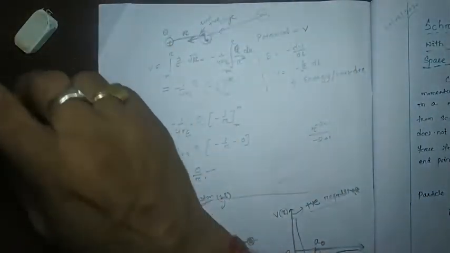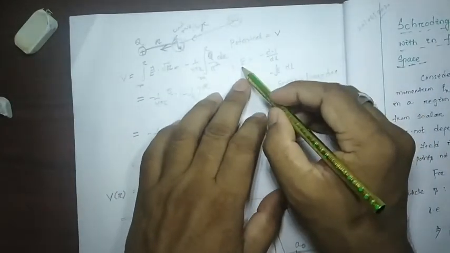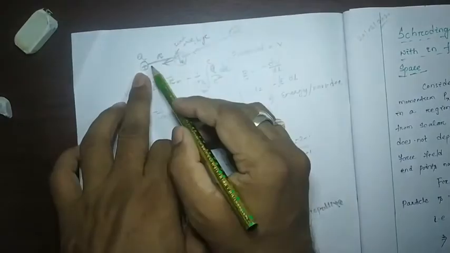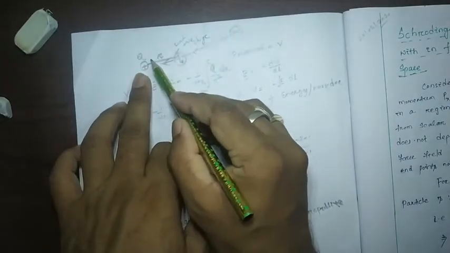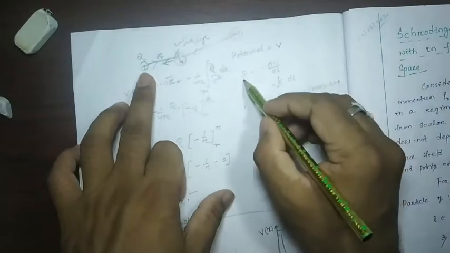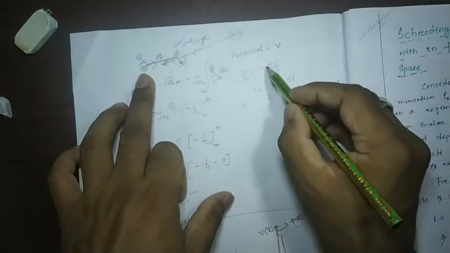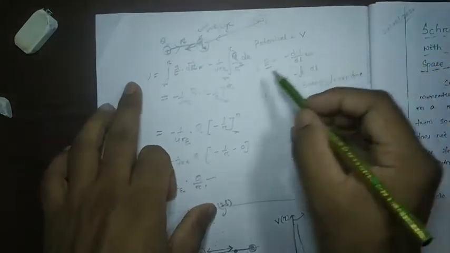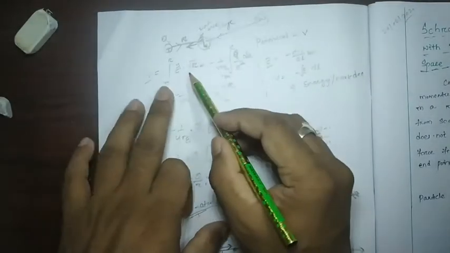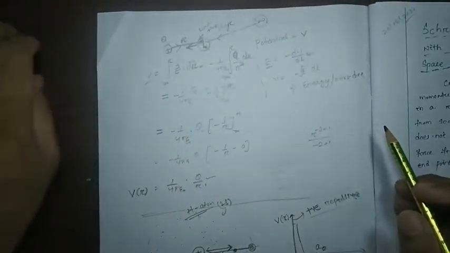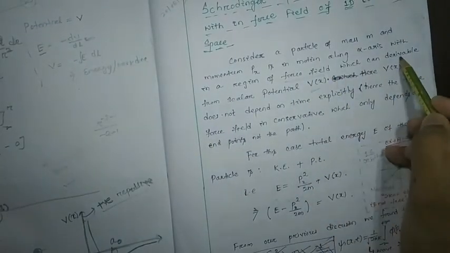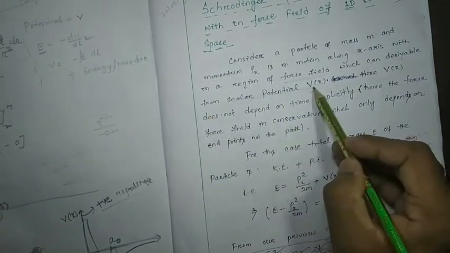So here we can see that the potential, or the electric field intensity along this way, can be derived by E equals minus dV by dl. So whatever is written here, that the force field can be derived from the scalar potential V(x).